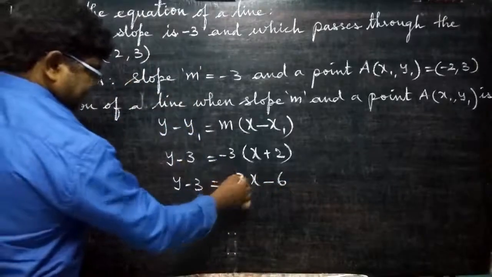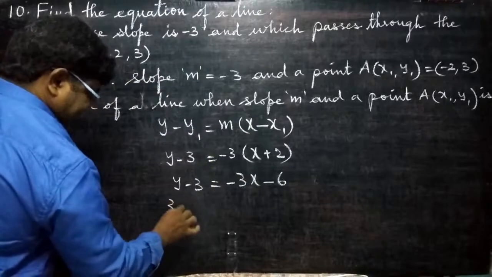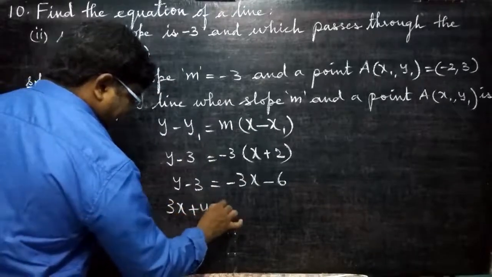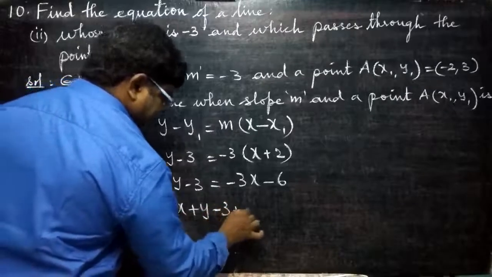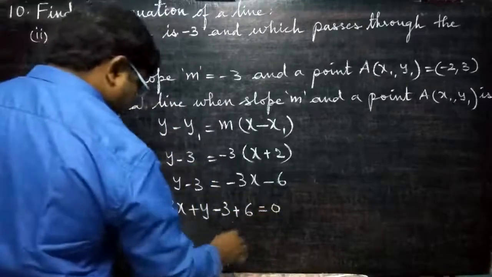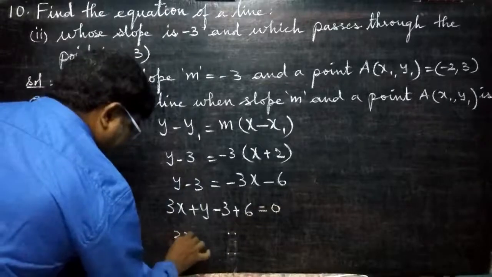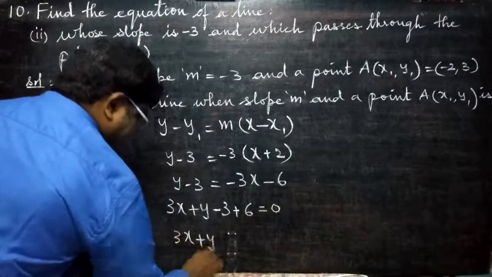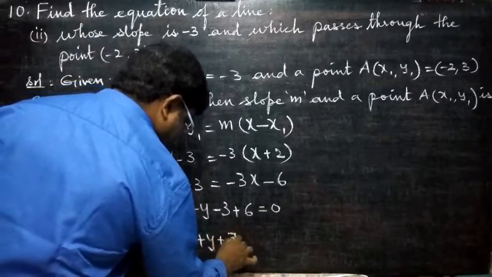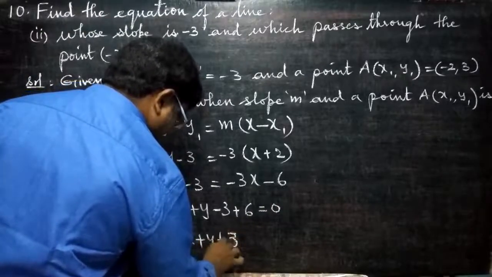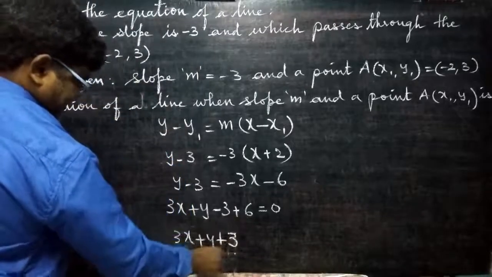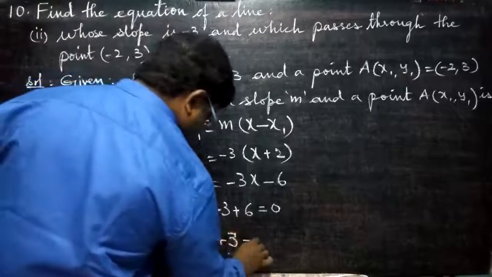Bring everything to one side. So -3x will become plus 3x plus y minus 3 plus 6 is equal to 0. Simplify it: 3x plus y plus 3 is equal to 0.